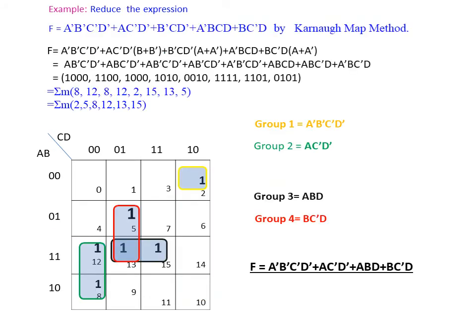In this example, the yellow cell is grouped as a single one because the adjacent cells don't have ones. Then other two ones are grouped as two cells and we write the equivalent expressions.